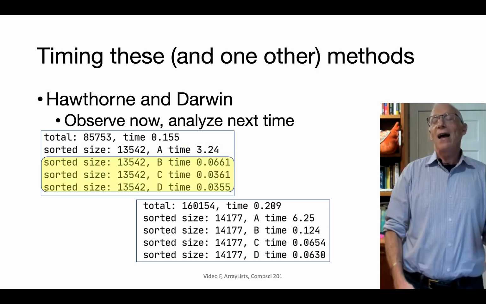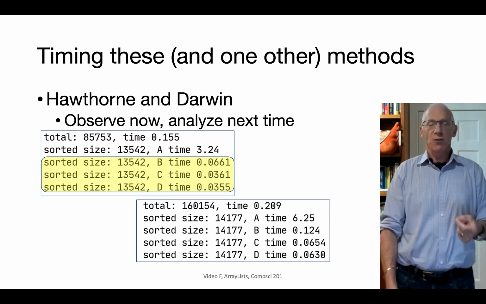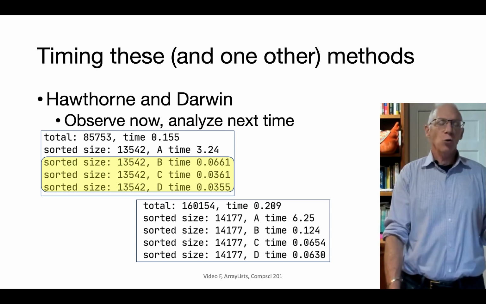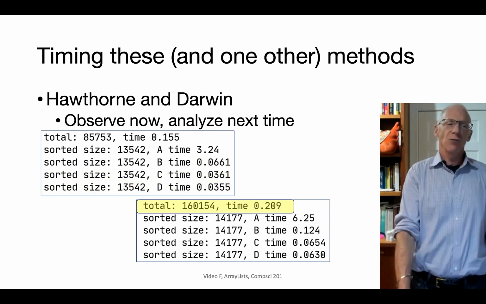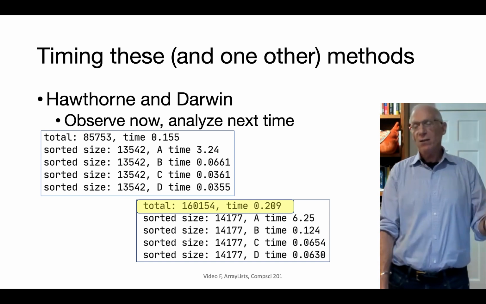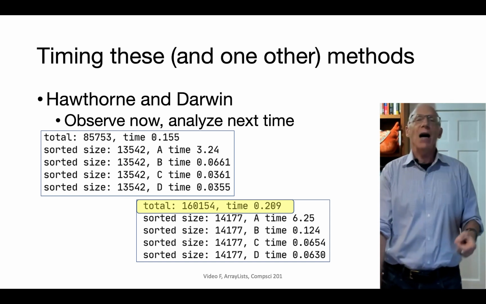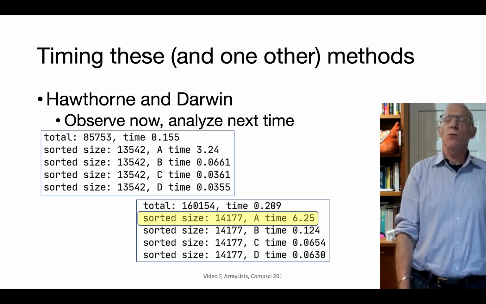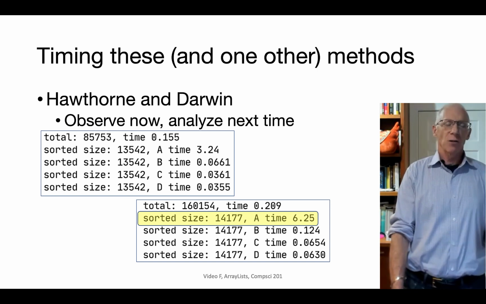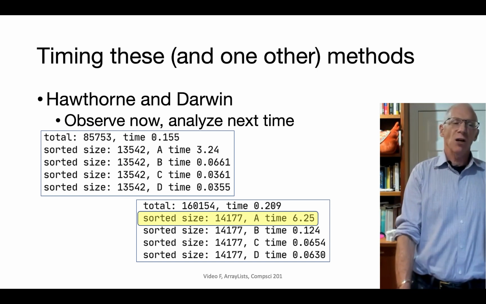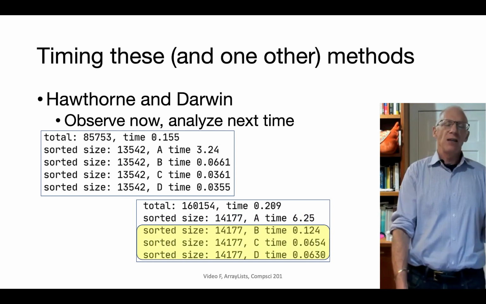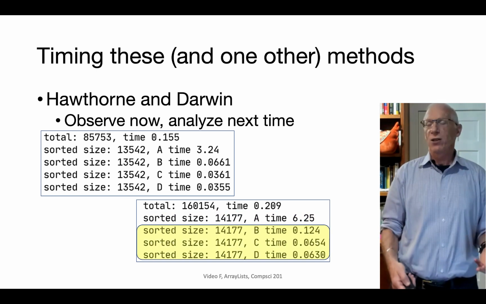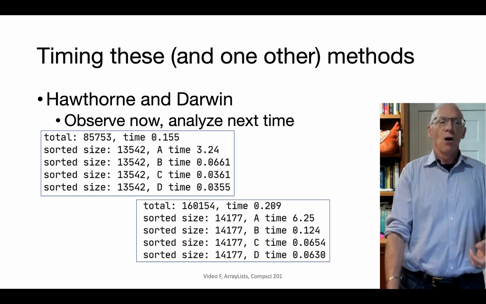When we look at Darwin's Origin of Species, which has almost twice as many words at 160,000, we see that does take longer to read, and then algorithm A, which was the slowest, is still the slowest, and the other algorithms are faster. And we'll study why they're faster and use that to understand the trade-offs in different algorithms.